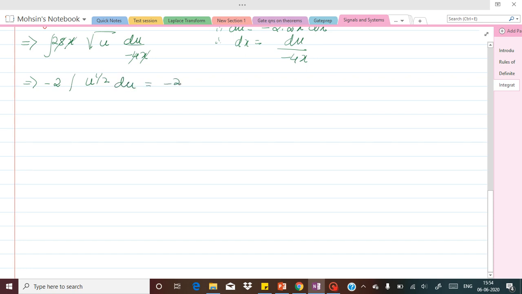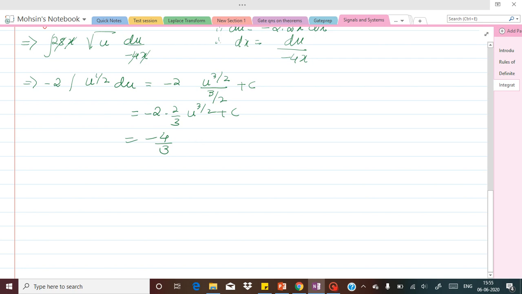Now minus 2, integration of u raised to 1 by 2 is going to be u raised to 3 by 2 divided by 3 by 2 plus c. So now this is going to be minus 2 times 2 by 3 u raised to 3 by 2 plus c, or you can write this as minus 4 by 3, substituting the u value.